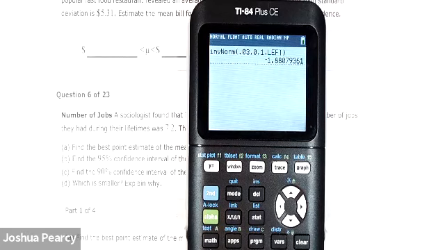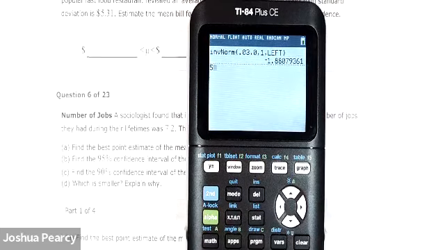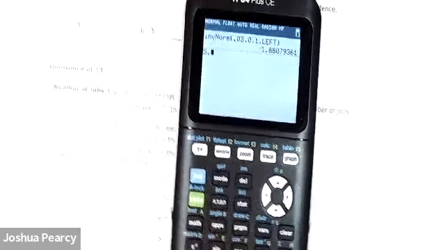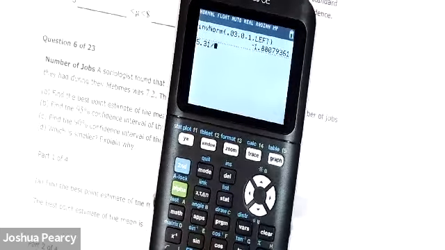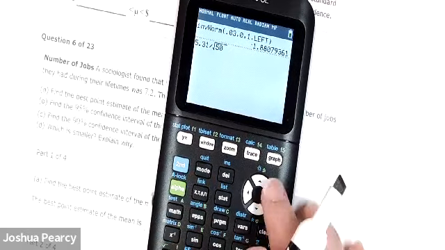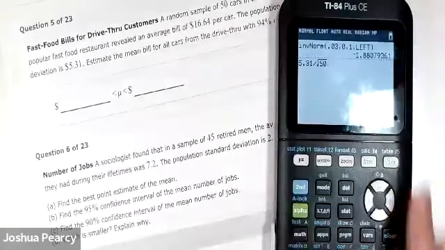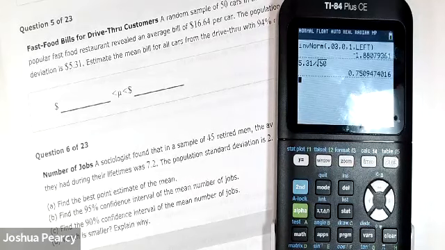So that's 5.31 divided by the square root of 50. I have no idea what that is. Round it to 2 decimal places. Is it 2 or 3? Yeah, let's round it to 3. 0.751.